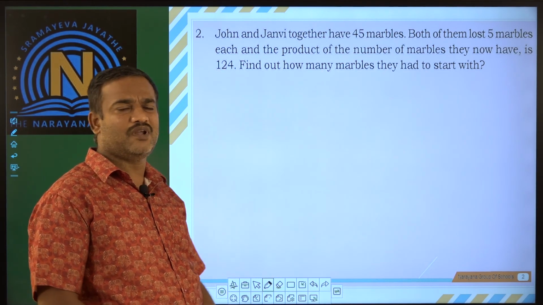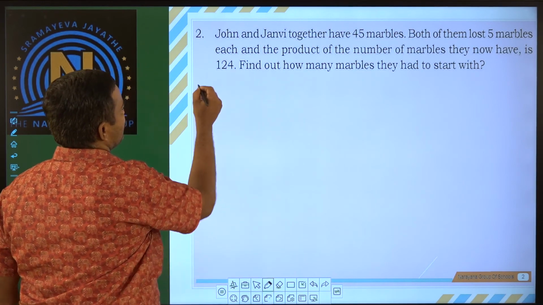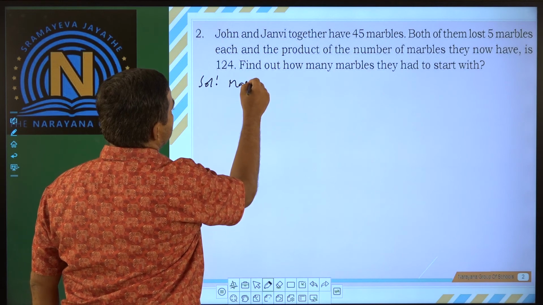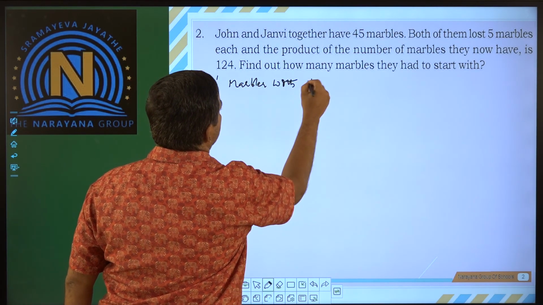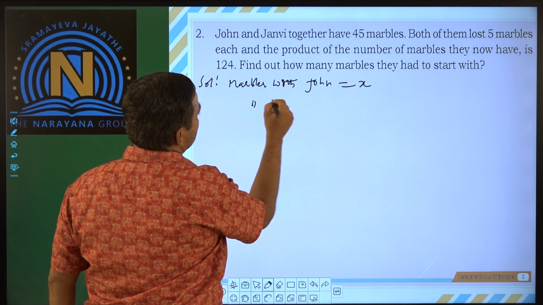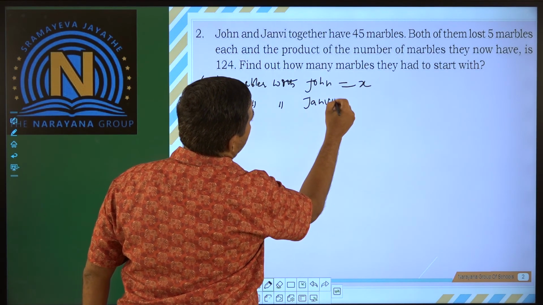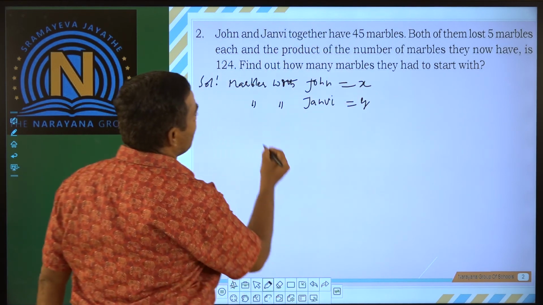We don't know the number of marbles with John and Jahnavi. So the number of marbles with John, here x taking, and marbles with Jahnavi, that is y. So both together 45 marbles are there.